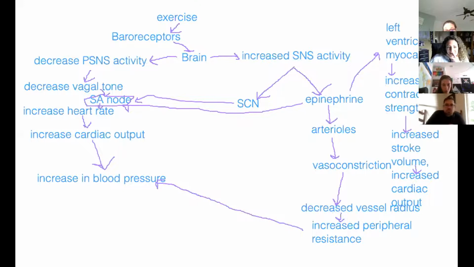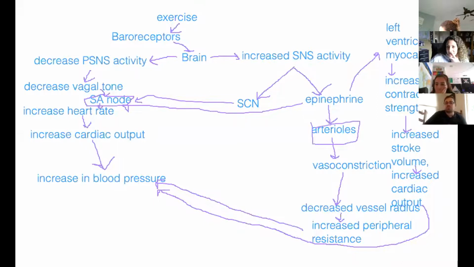Yeah, there we go, that'll work. Arterials, an effector. Left ventricular myocardium is an effector. Okay, that looks great.